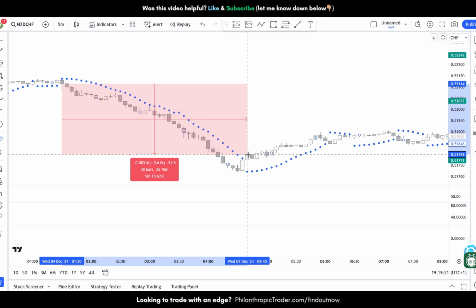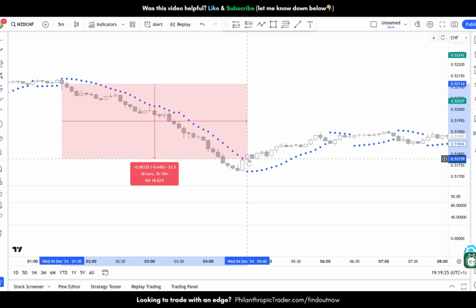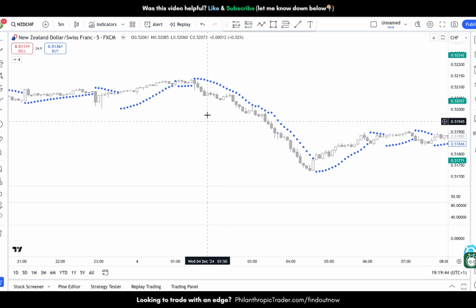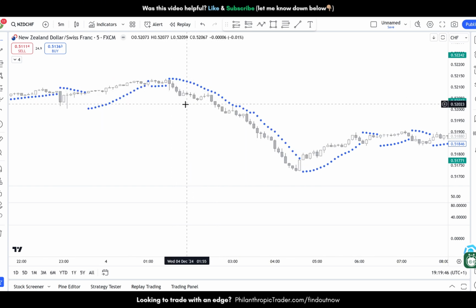So from this moment we take a sell here, and we can trail our stop loss. Every single dot we trail our stop loss, and we made about 33.5, let's say 34 pips or 33 pips. And that's a nice way, this indicator is a nice way to identify trends.